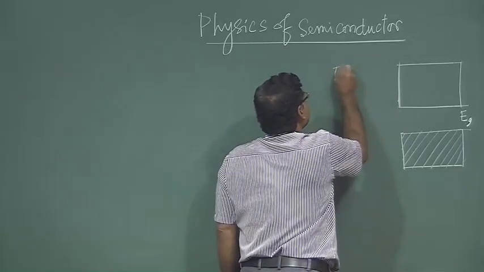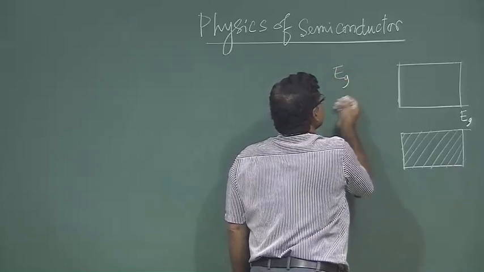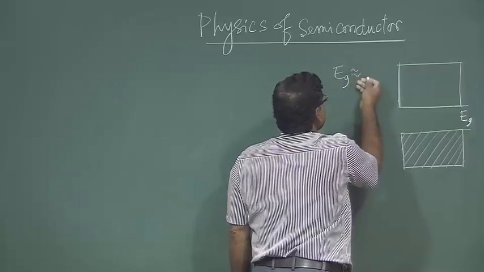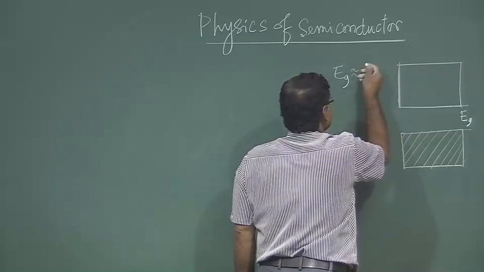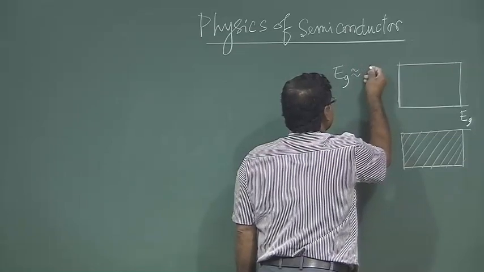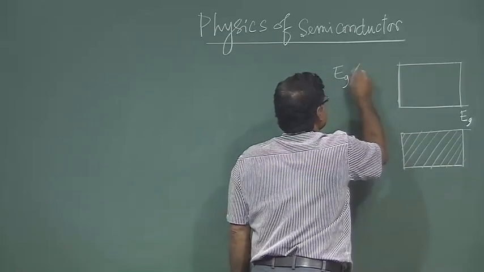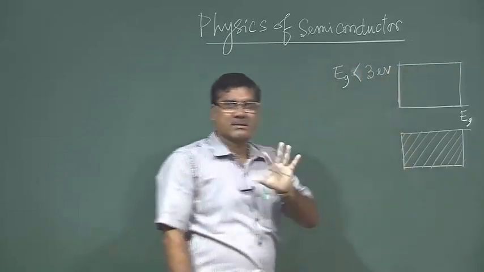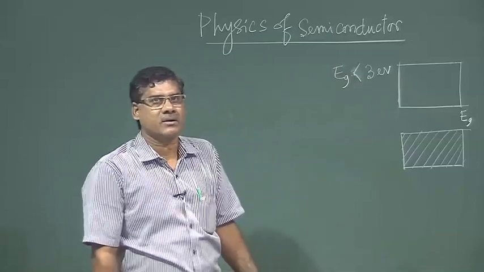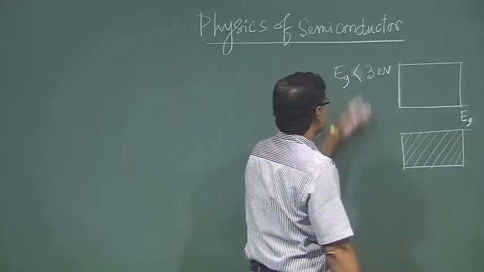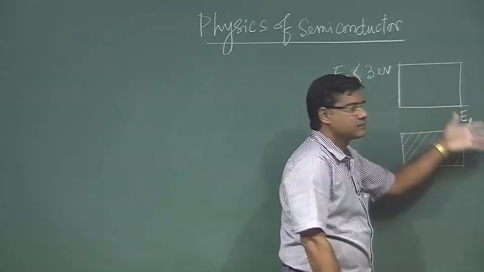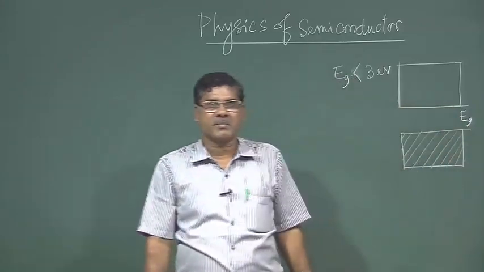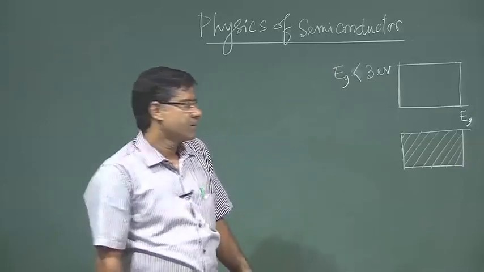So, if Eg is generally less than 3 electron volt, more or less, it is not exact, then it behaves like a semiconductor at room temperature or above room temperature.